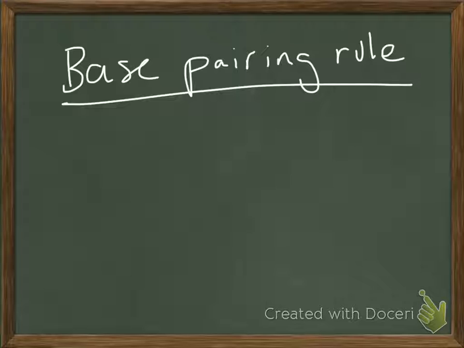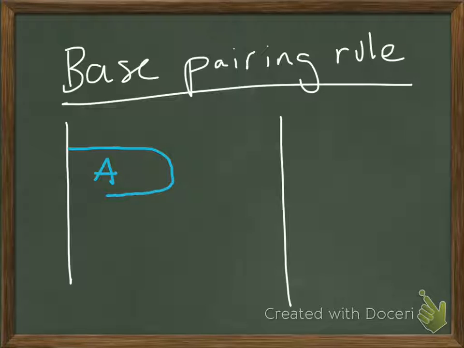If you think of it as a key and a lock, that's how it's usually shown. So we had our rungs of a ladder, and we have A's that are shaped a certain way.